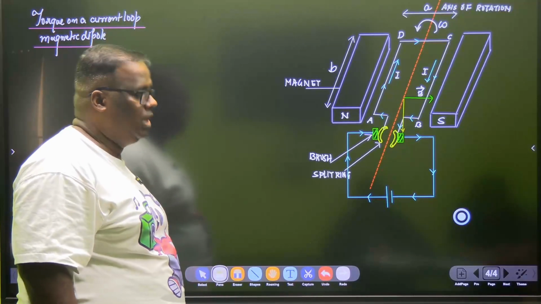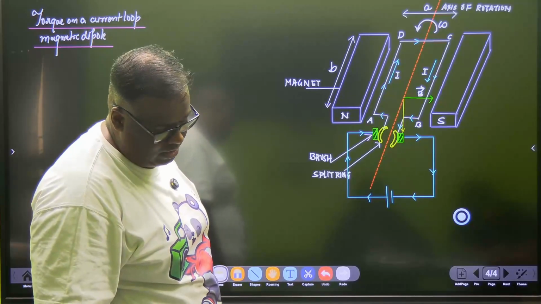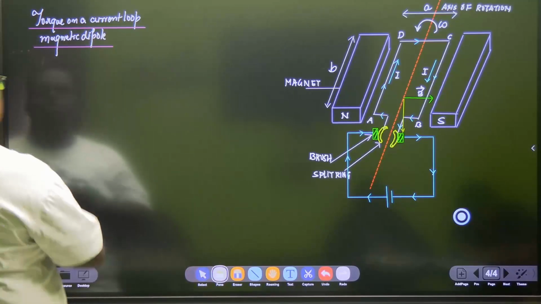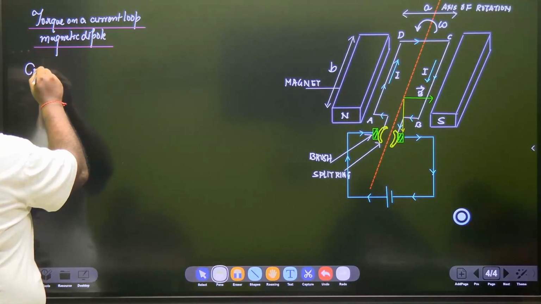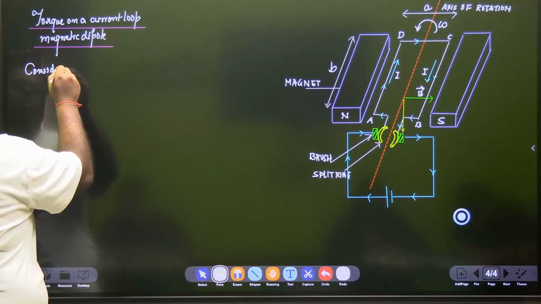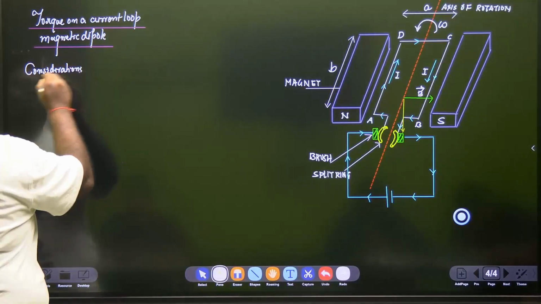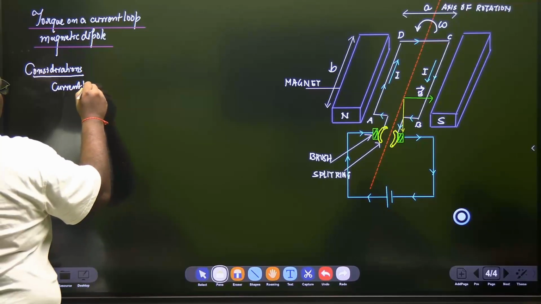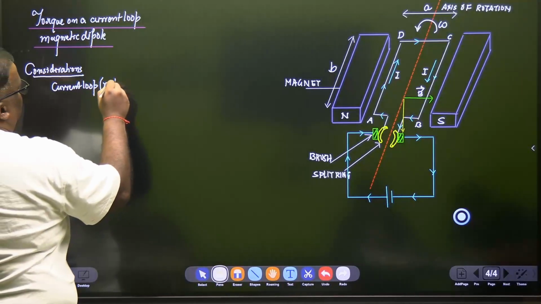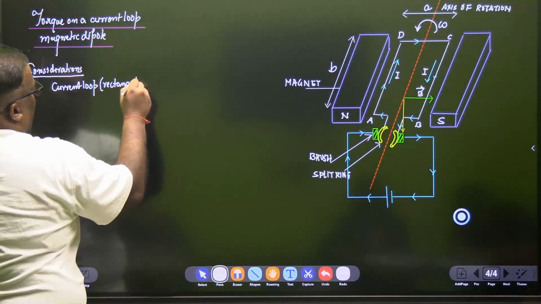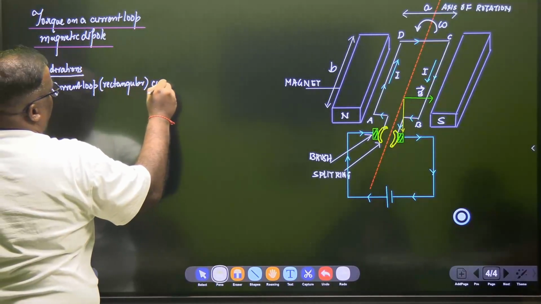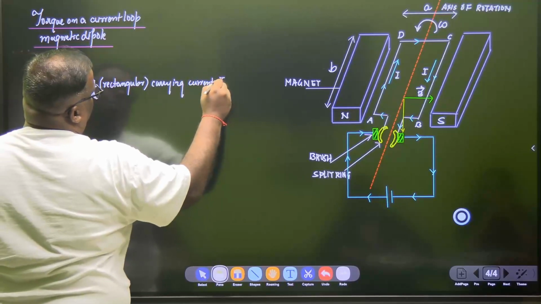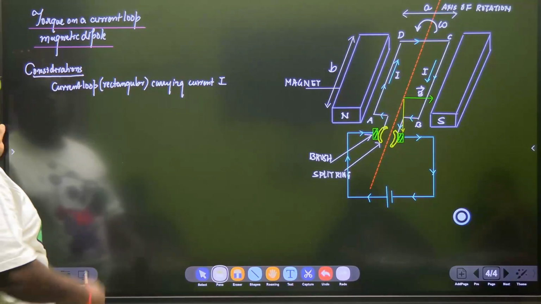What happens when a current carrying loop is introduced in a magnetic field? Carrying current I, this is the first one.